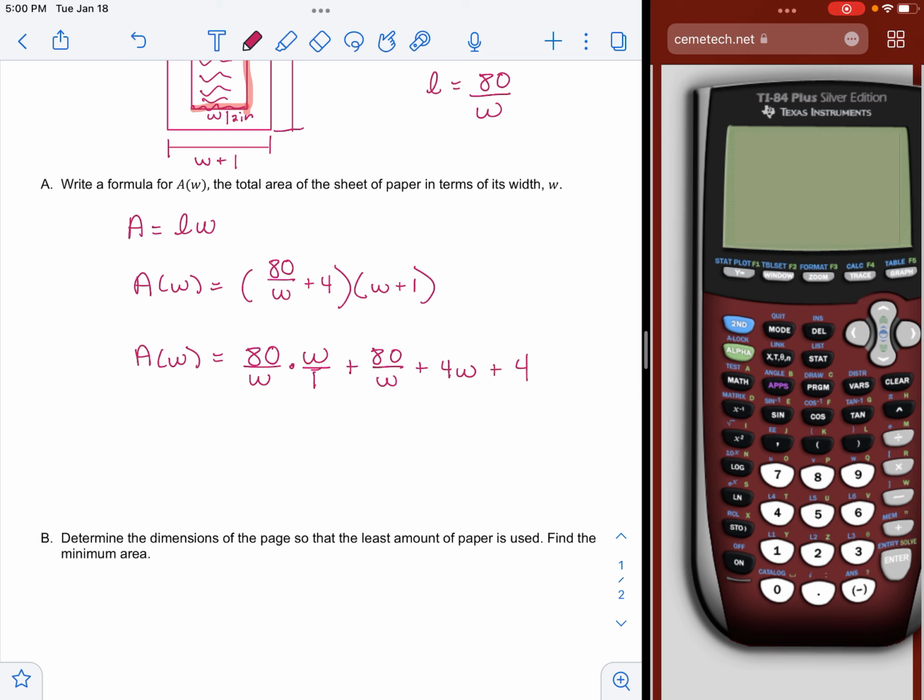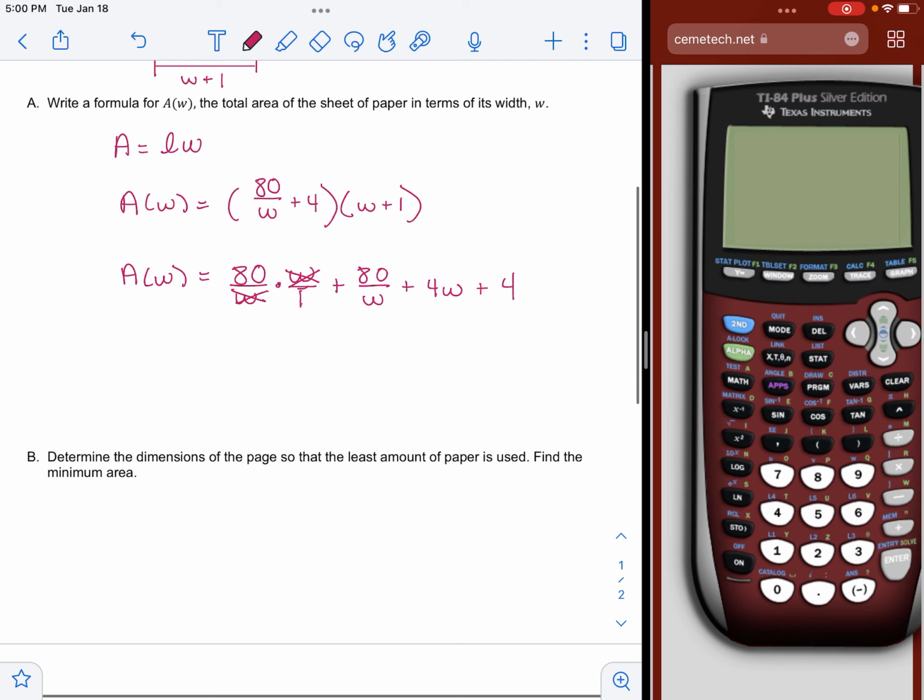So I'm going to simplify this by crossing out these W's, and that leaves me with just 80, which I can add to the 4. So now I have A of W equals 80 over W plus 4W plus 84.